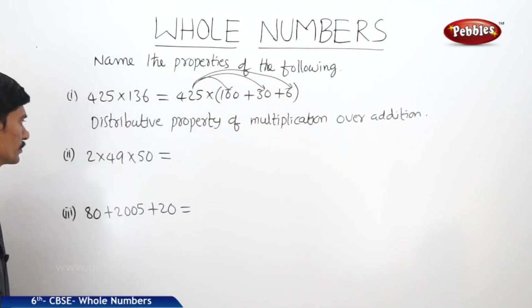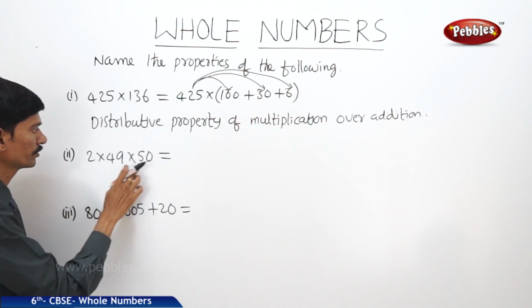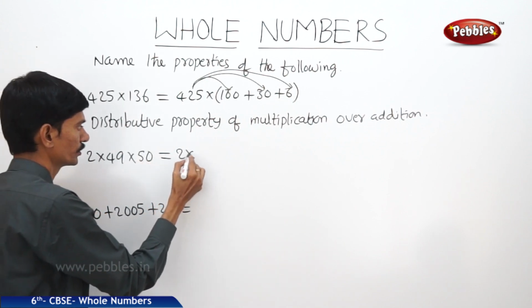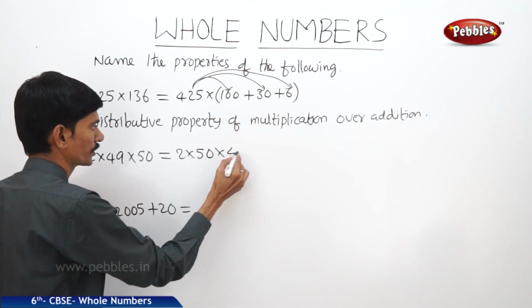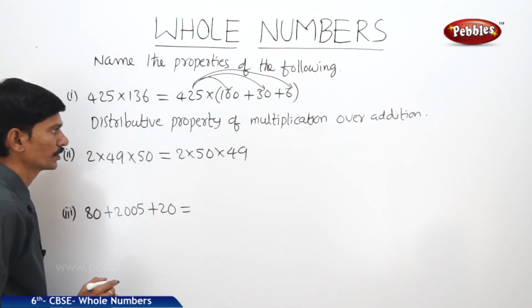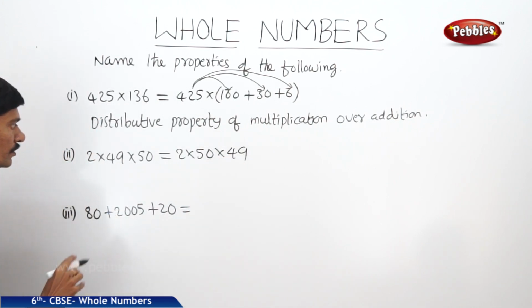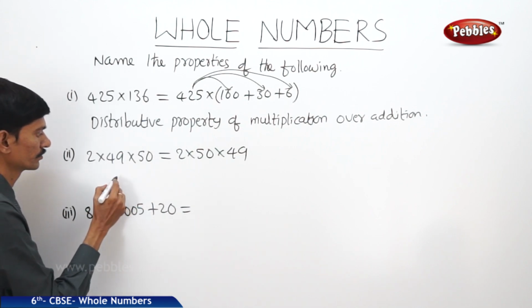So next one is 2 into 49 into 50 equals to 2 into 50 into 49. So this is the commutativity of multiplication.